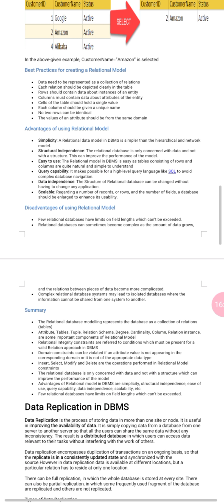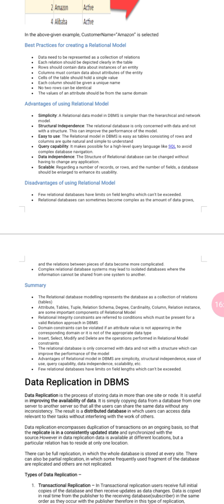Then the best practices for creating a relational model: first, data needs to be represented as a collection of relations. Second step is each relation should be differentiated clearly in the table.